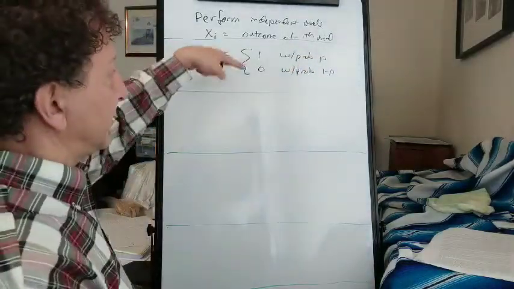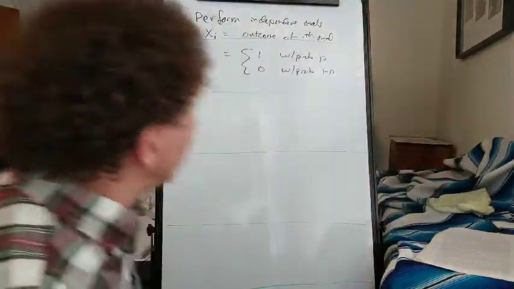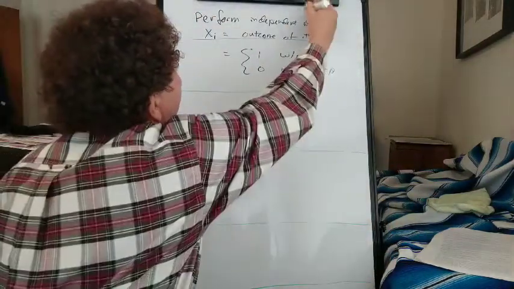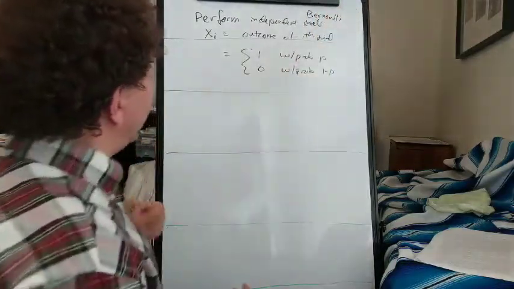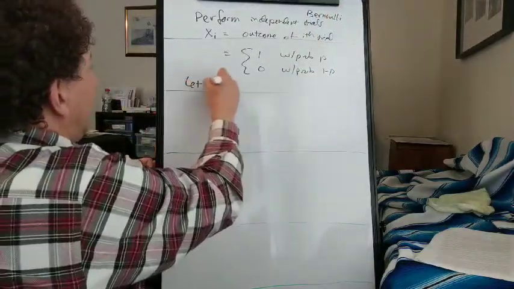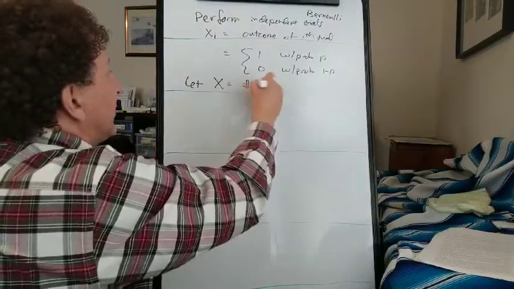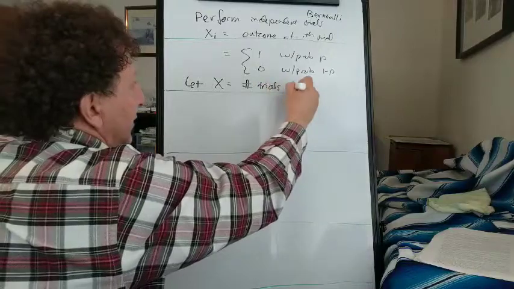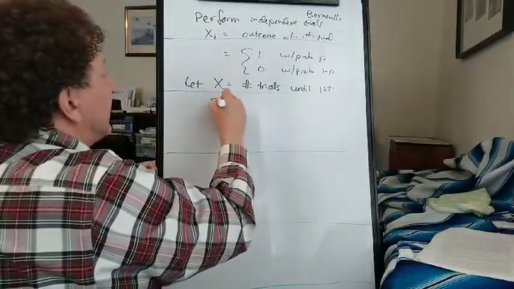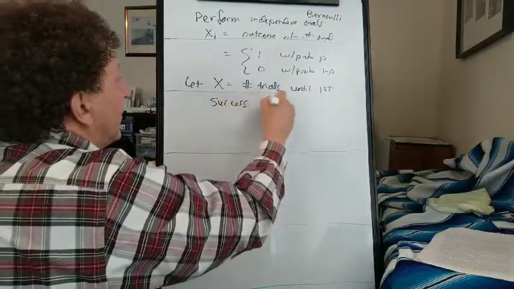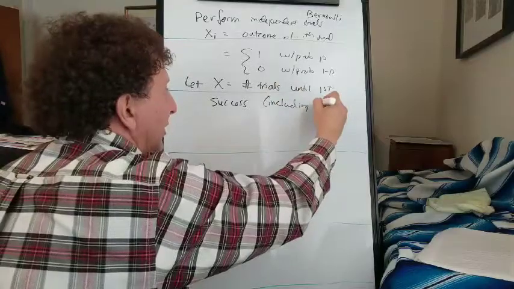So we have a success and a failure. Those are the only two things that could happen on the trial. This is a Bernoulli trial. Let's let x be the number of trials until the first success, including that successful trial.